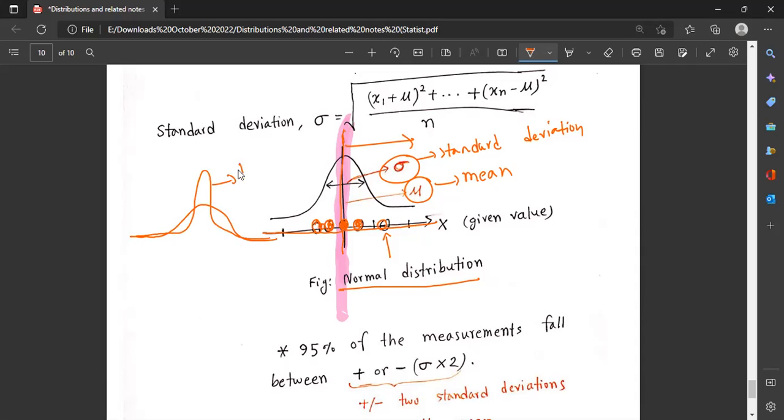So this is thin, right? That means the standard deviation, the value of sigma, is less. And this graph is fat, right? That means the sigma is large. So the value of sigma here is small.